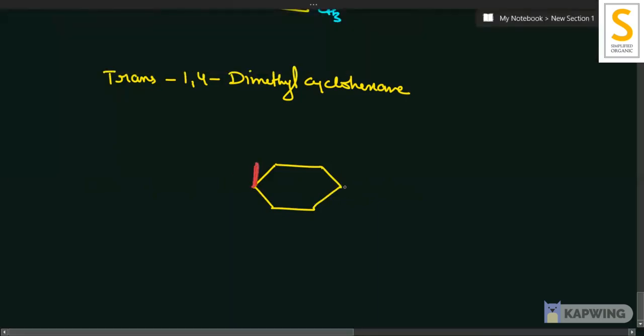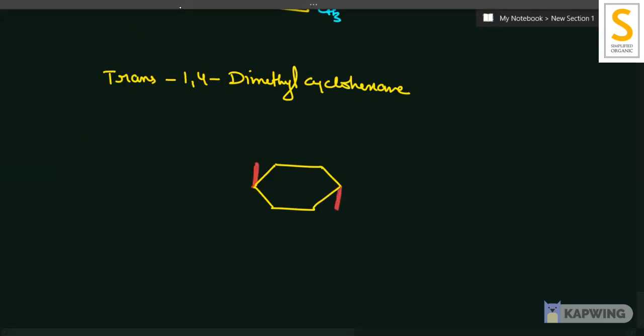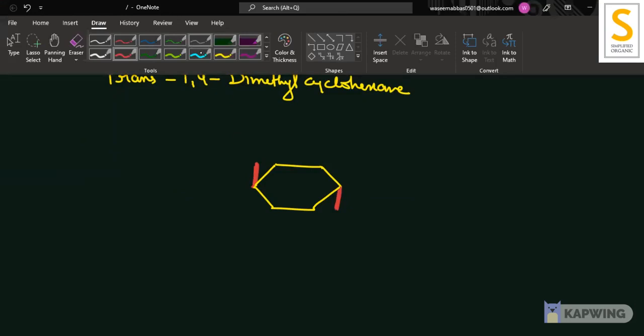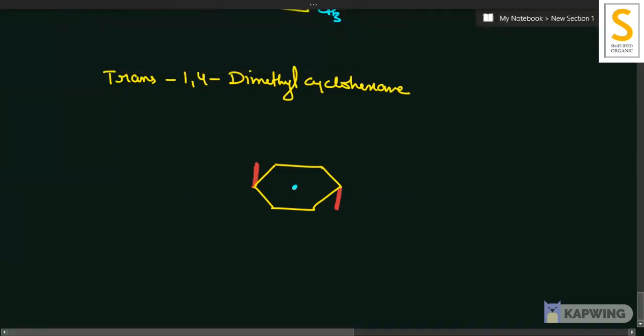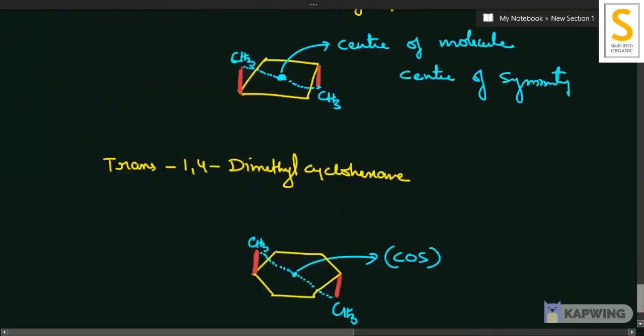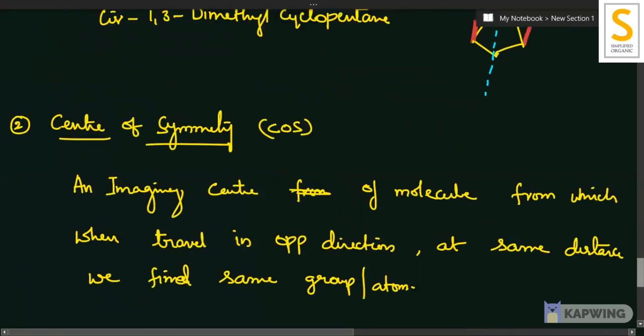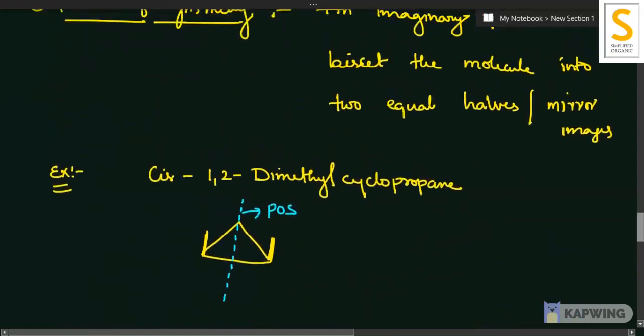This is 1 and this is 4. Now take the center of this molecule. If I travel in this direction, I'll get methyl here. If I travel in this opposite direction, I'll get methyl here. So this center is called as center of symmetry. So using these two, you can easily solve. Axis of symmetry is not required.